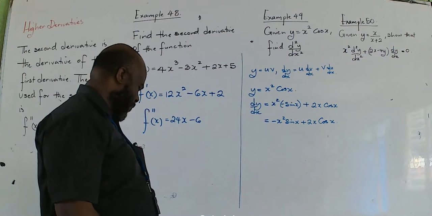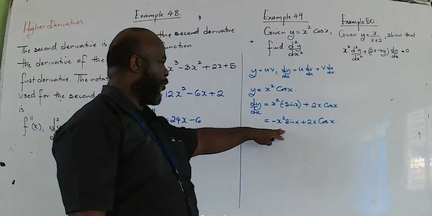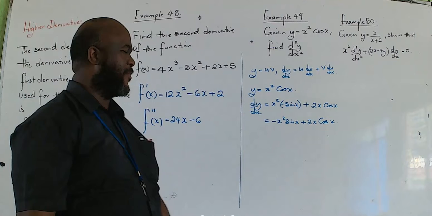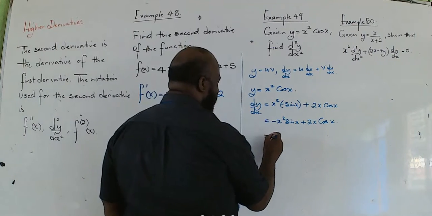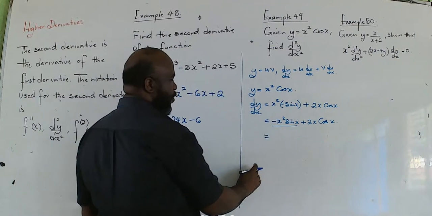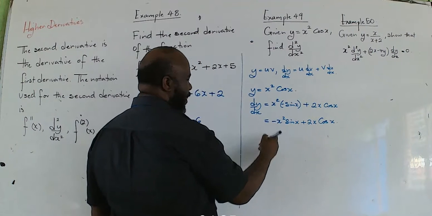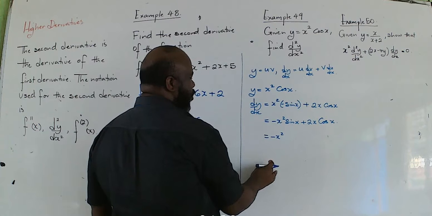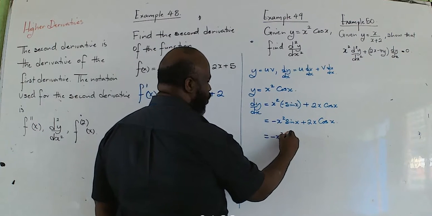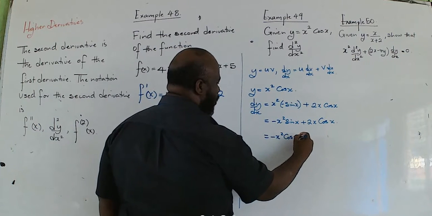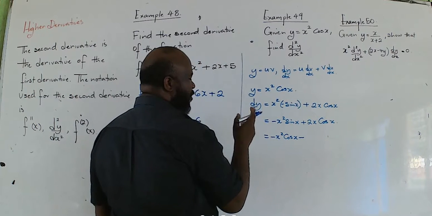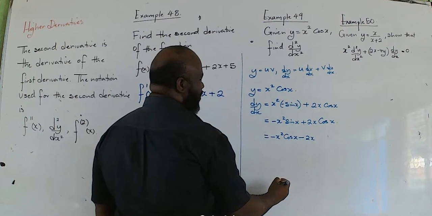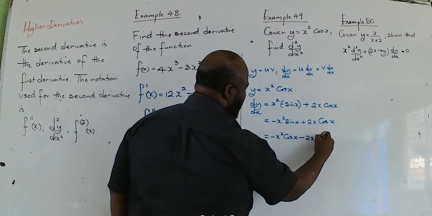So now, this time around we have two products, a product here and a product here. So we're going to have to apply the product rule 2 times. Apply the product rule here. We're going to leave the first, minus x squared, differentiate the second. When you differentiate sine x, you're going to get cosine x, plus differentiate the first, you get minus 2x, leave the second, you get sine x.